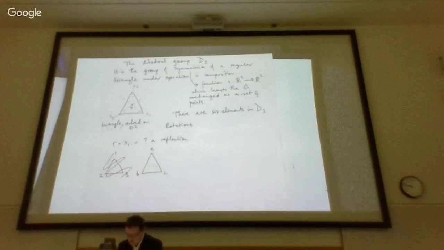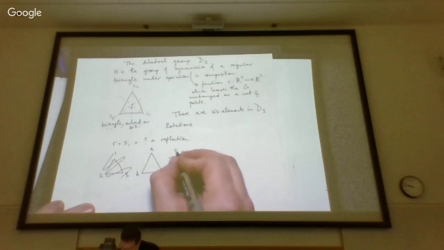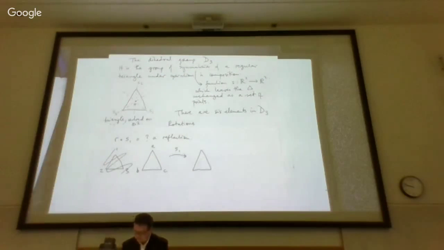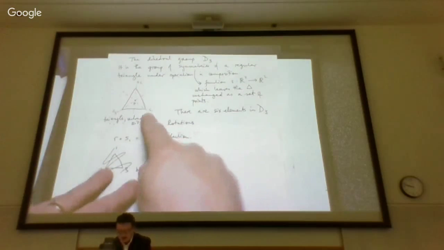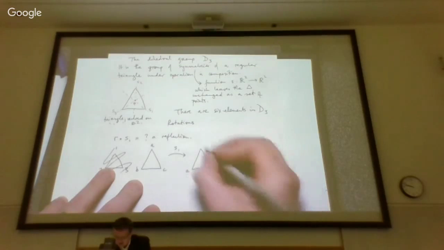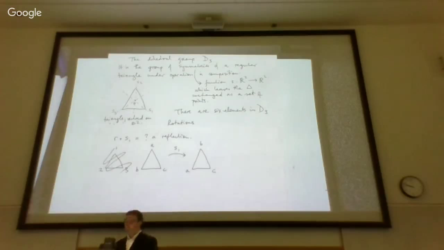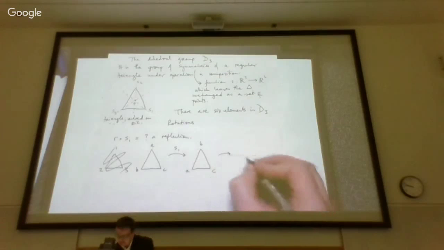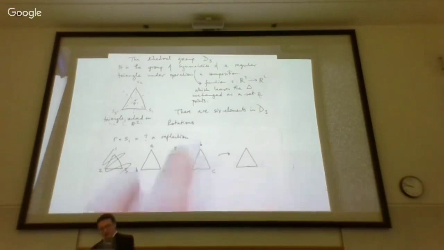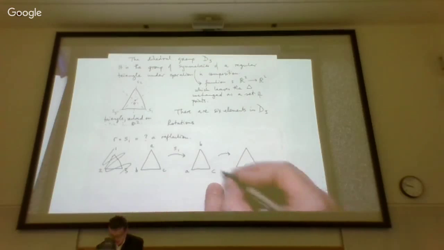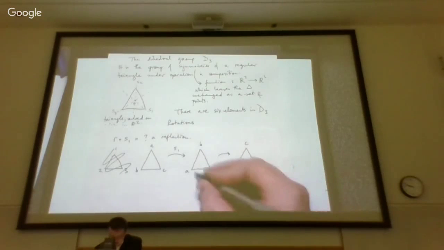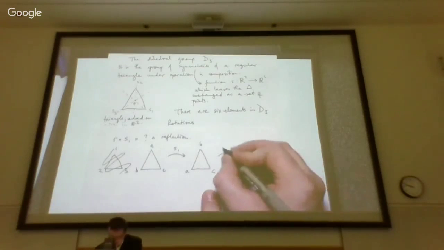R after S1 says first we have to do S1 on it. So how do the vertices move around when you do S1? Well, S1 is reflection in this axis here. So C is going to remain where it is, and A and B are going to swap. When you rotate it again, it's still the same overall triangle, but when you rotate it a full turn anti-clockwise, this C goes up to here, this B moves down to here, and this A moves across to here. That's R.